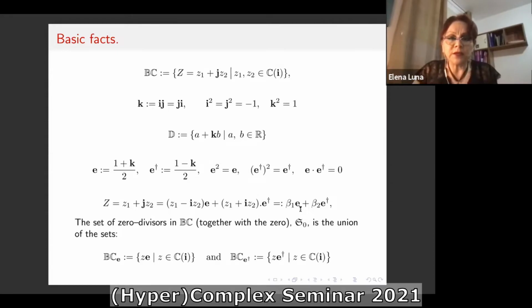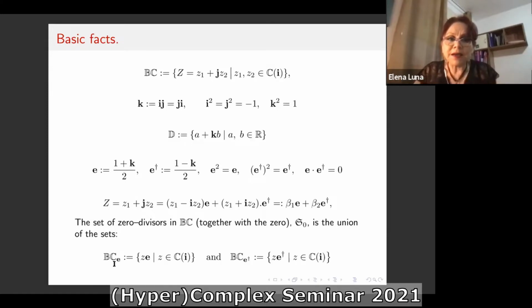Because we have to take into account that BC is also real 4-dimensional. And it is a direct proof that the zero divisors are in these two planes. They are complex planes, I mean, they are copies of C.